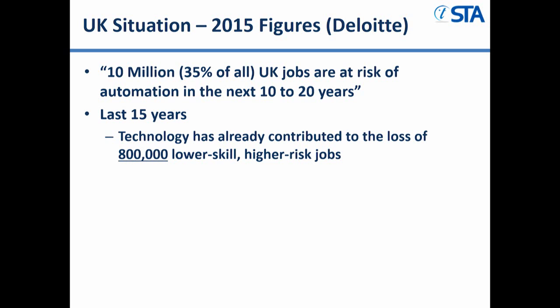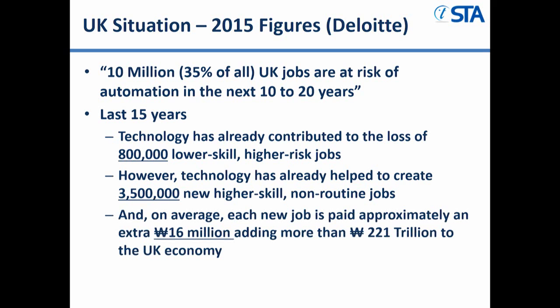Not good news. But then they looked at whether or not technology had generated new jobs. And in fact, during that same period, the technology had helped create 3.5 million new jobs. So we lost 800,000, but we gained 3.5 million.